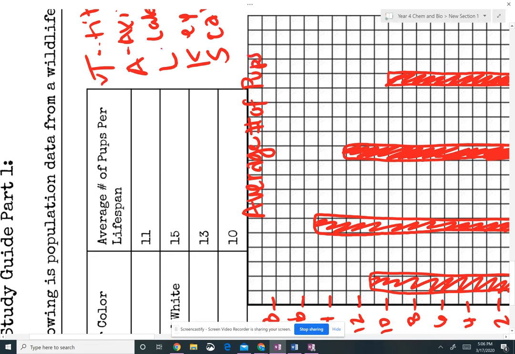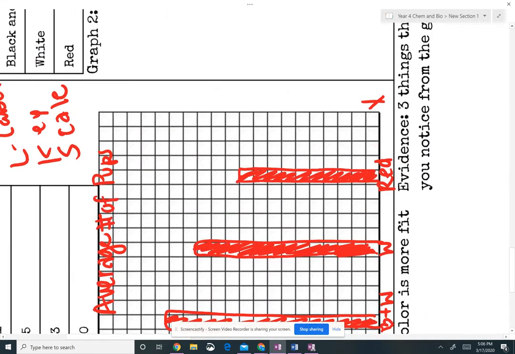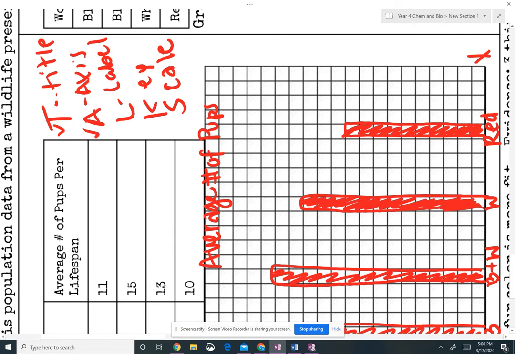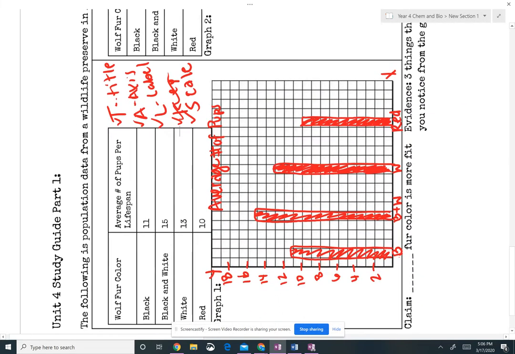So I have my title, my axis, I have my Y and my X. I have my labels, I have my key. I don't need a key for this one. And I have a scale. So that is all good. You guys should have something that looks like this.